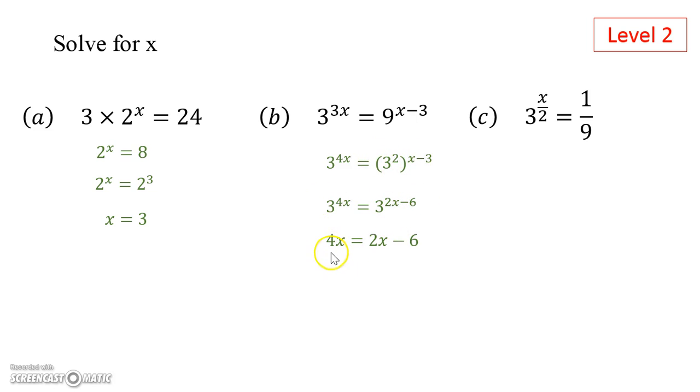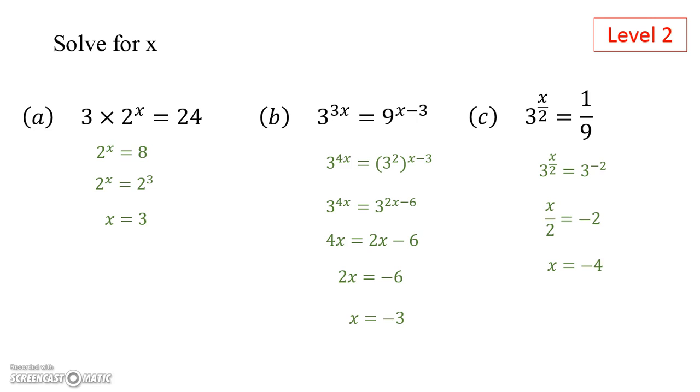The bases are the same, so the exponents have to be the same, etc., etc. Okay, and question C, same procedure, make the bases the same, and then equate the exponents and simplify.